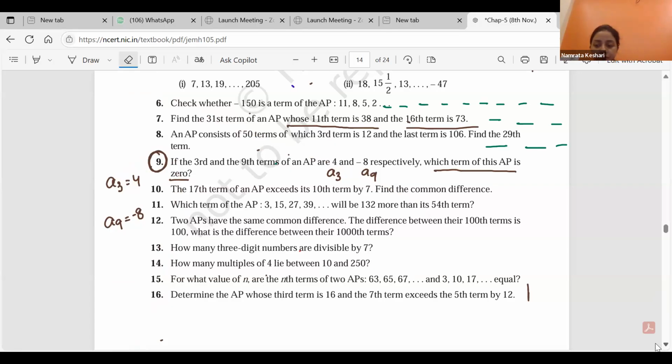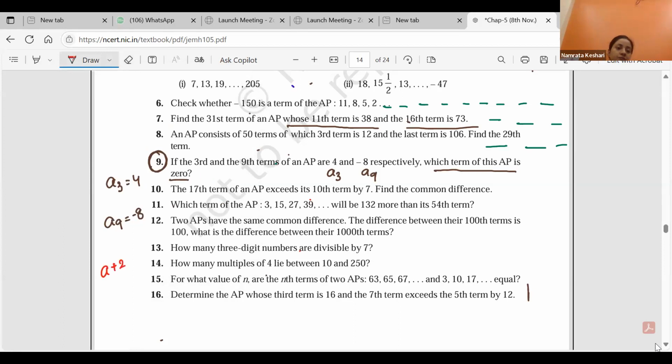Ma'am, D is, wait 1 second, just 1 second, ma'am. D is minus 2 and A is 8.